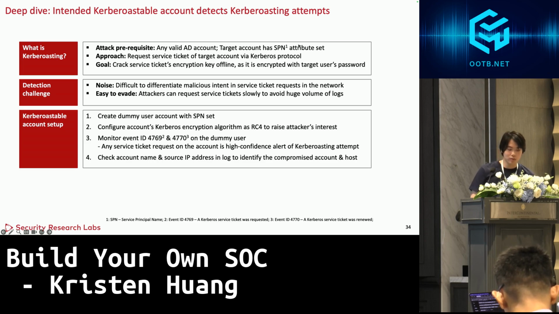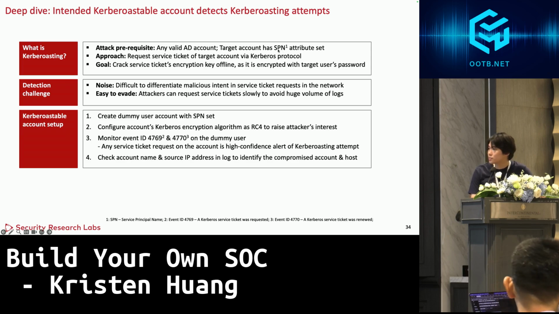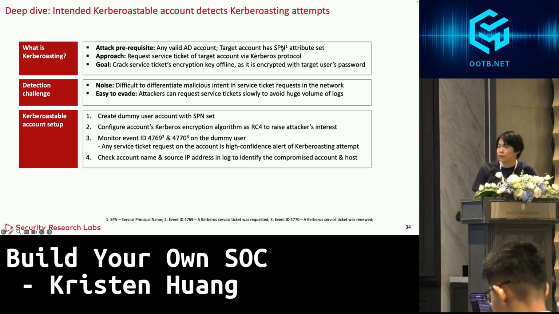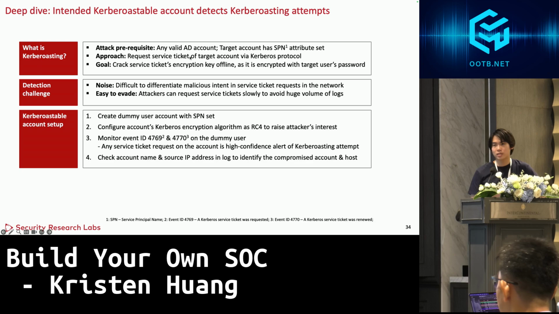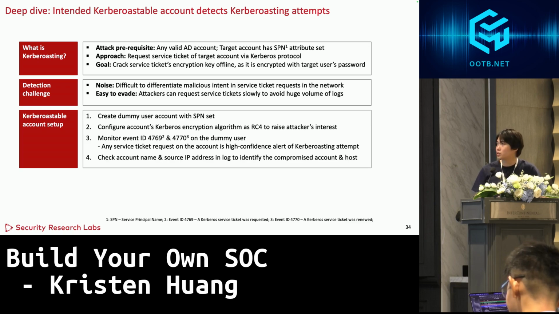So what they would do is to query all the users in the Active Directory system and check which users have this SPN attribute set. So if an account has the SPN attribute set, you can request a so-called service ticket of that account. And the service ticket you receive is actually encrypted by the target user's password. So you can bring the service ticket offline for password cracking.